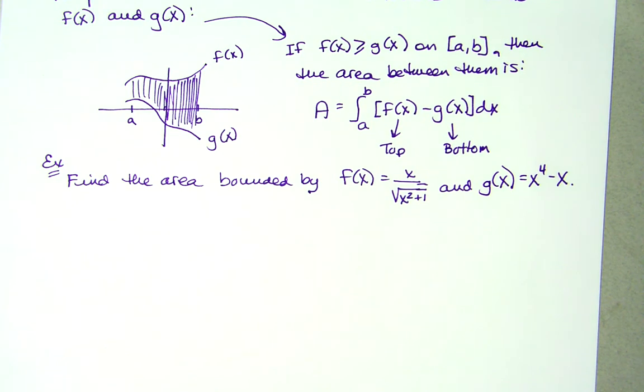Do you know what those look like? No. Go to your graphing calculator, get a good picture of what it looks like, and sketch the region. In the homework, the first part of each problem will be draw a sketch of the region. So let's get a sketch.